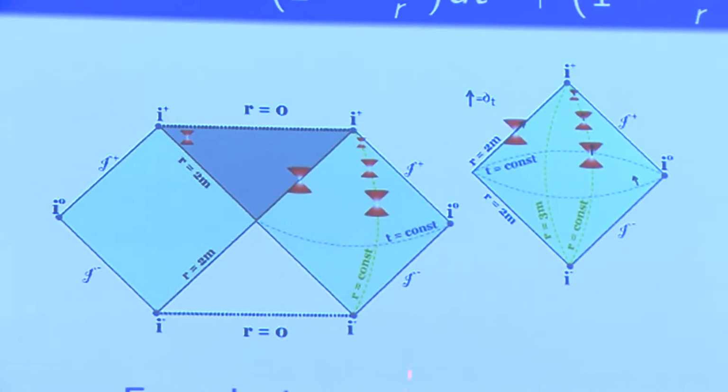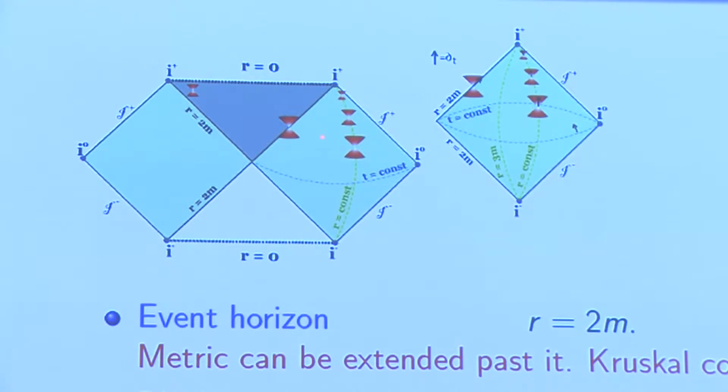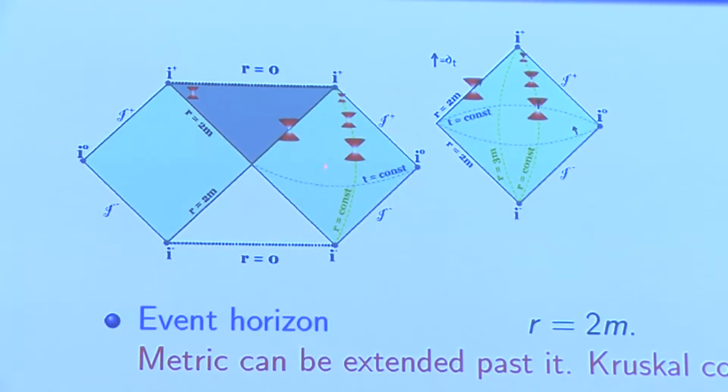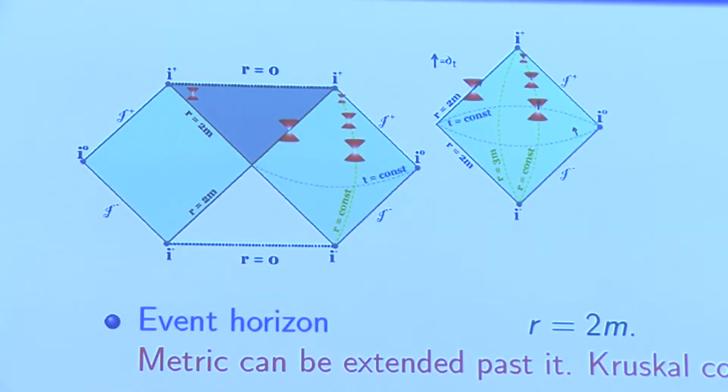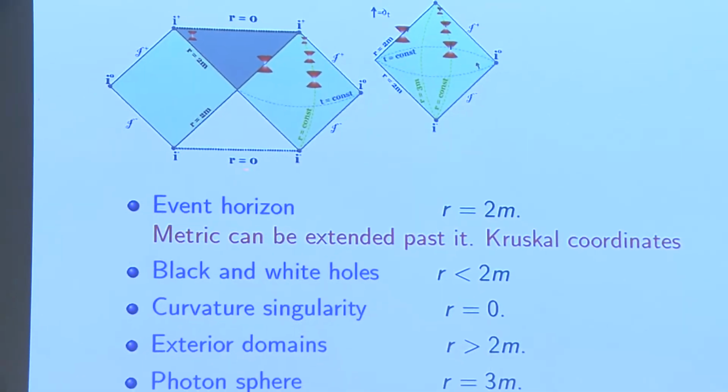The important thing, if you are not familiar with this picture, is to look at various values of r. The interesting value is r equal to 2m, which corresponds exactly to the boundary between the black hole and the exterior region of the spacetime. R less than 2m is the black hole region and maybe the white hole. The white hole is not very physical, so we will throw it out. We are not interested in it.